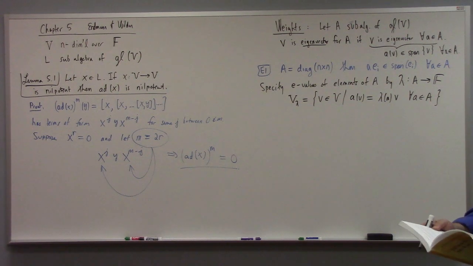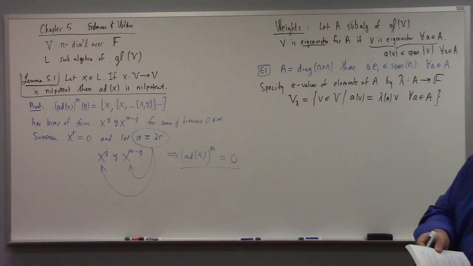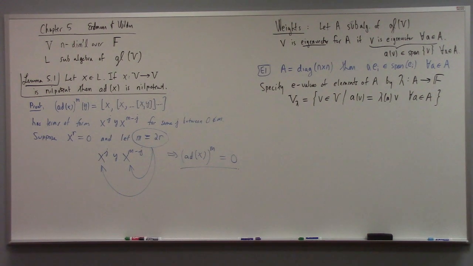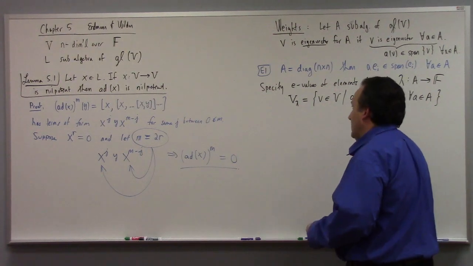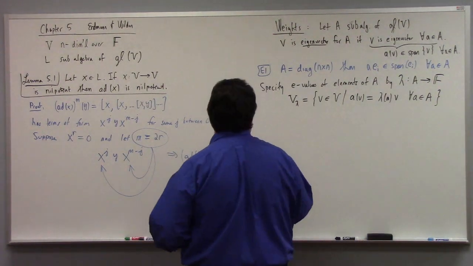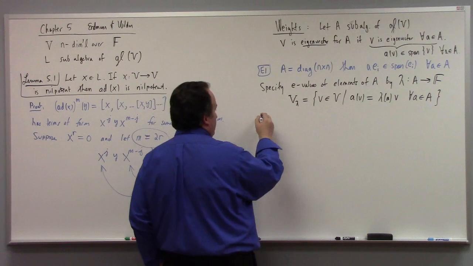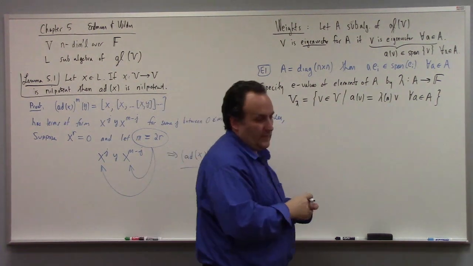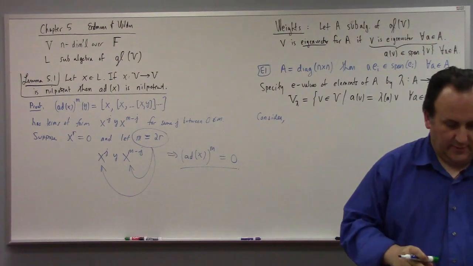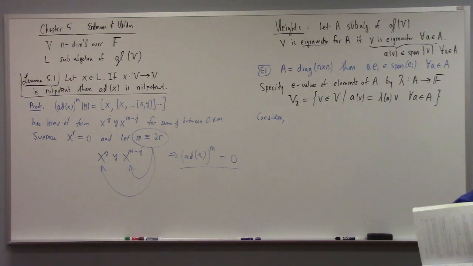So he says let v be in V_lambda non-zero, a and b in A, alpha and beta in F. All right. So we should consider, well, we can move to the other room now if we want.